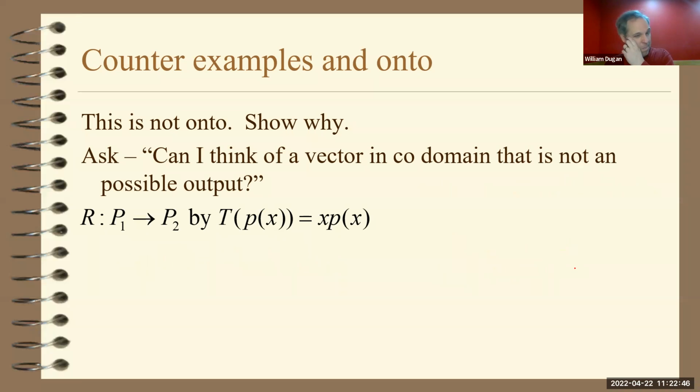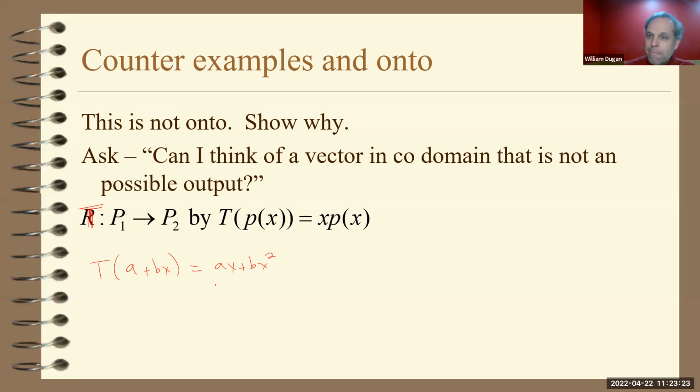Let's try one more time. This time I did not give you this before. Can I think of a vector that is in the codomain, but is not a possible output? I need to know the output set. This transformation, which I'll just call T, is applied to a polynomial of degree 1 or less, and the result is x times that. So that would be ax plus bx squared. Is there something that's not in the range?